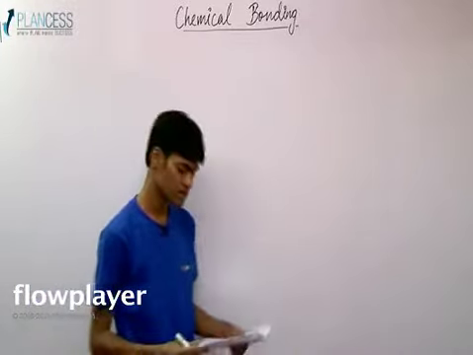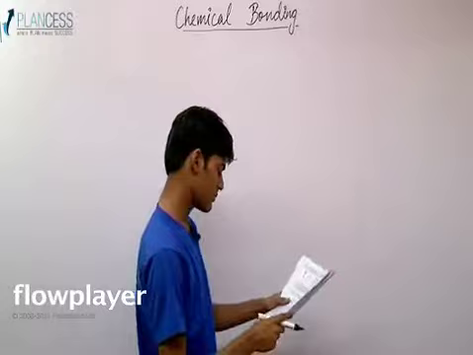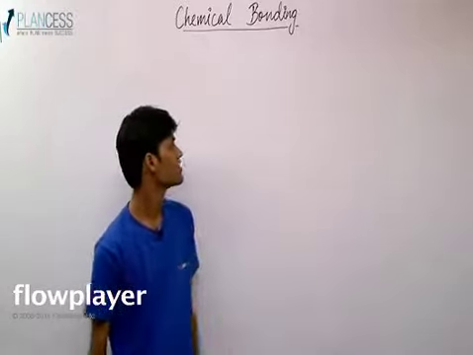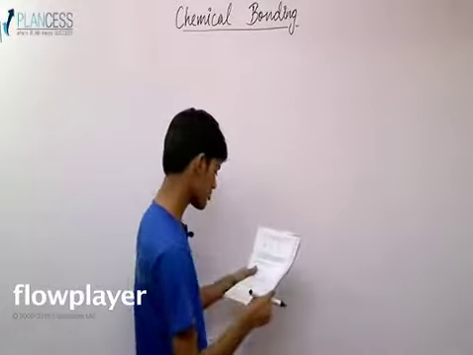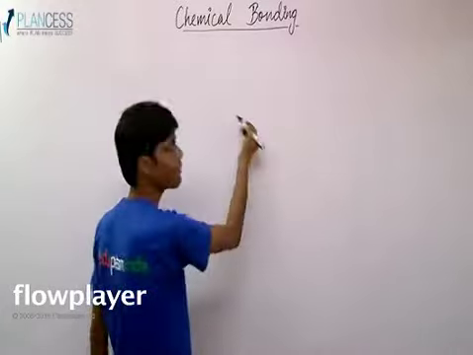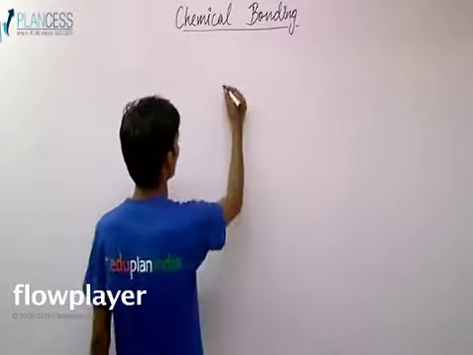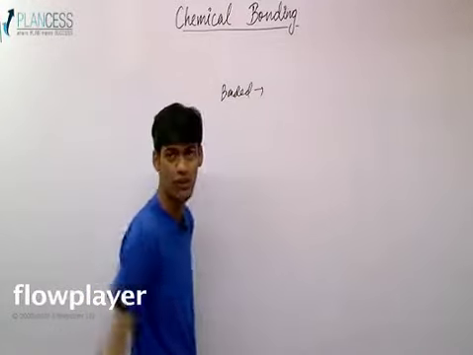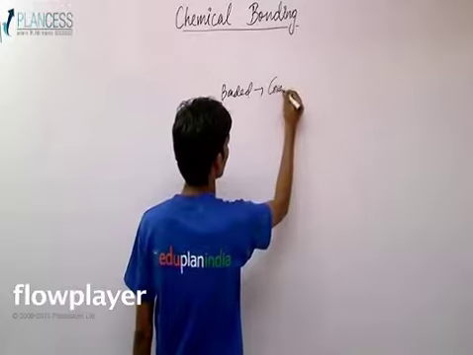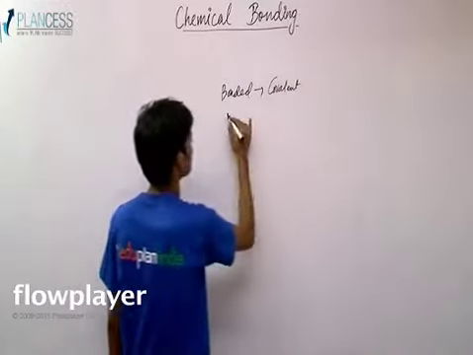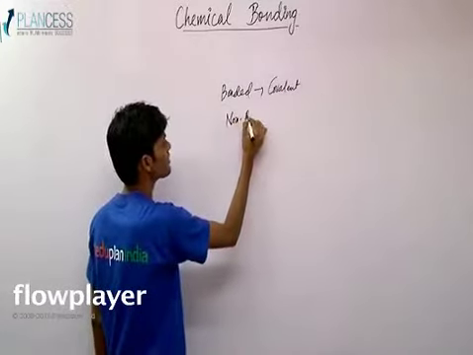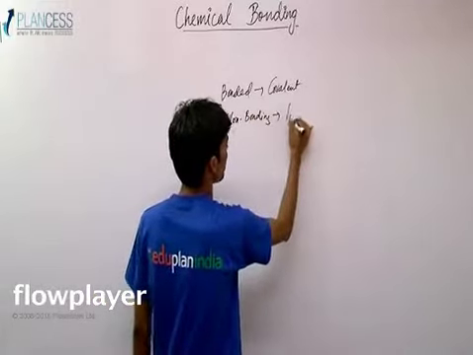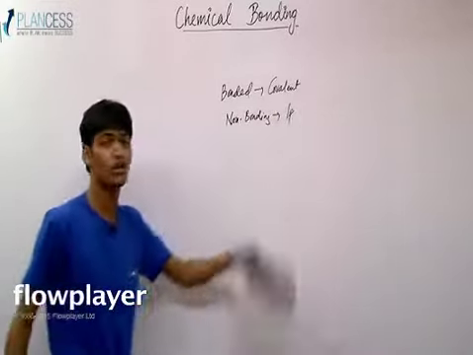Some of the postulates of VSEPR theory: the shape of the molecule depends upon the number of valence shell electrons, bonded or non-bonded. By bonded electrons we mean the bonding electrons that participate in covalent bond formation, and by non-bonding electrons we mean the lone pairs. The shape of the molecule is determined by both the bonding and the non-bonding electrons.